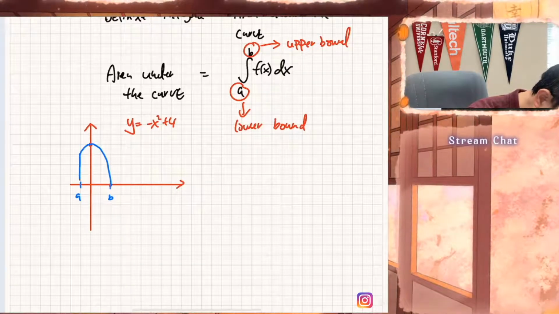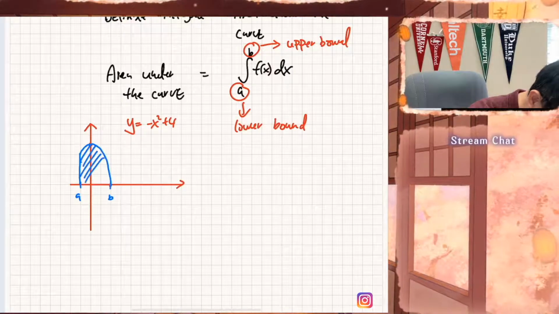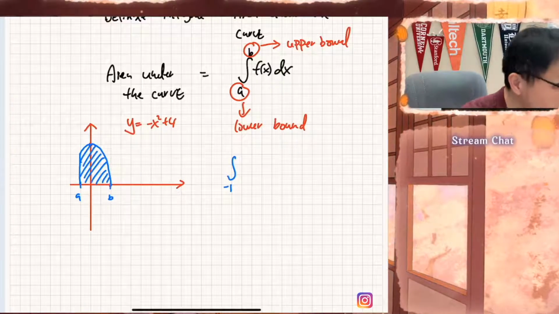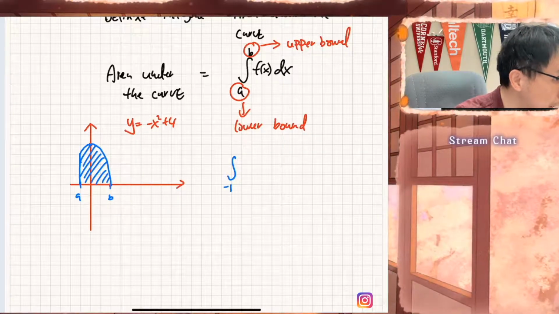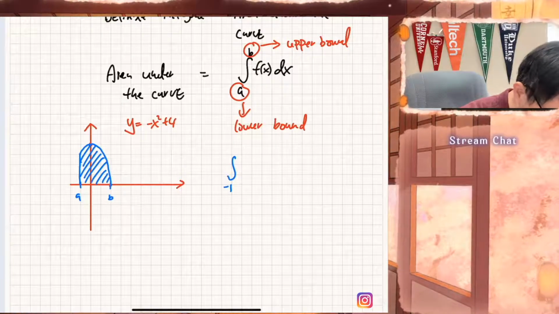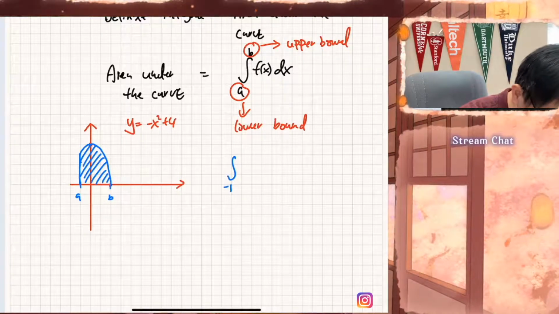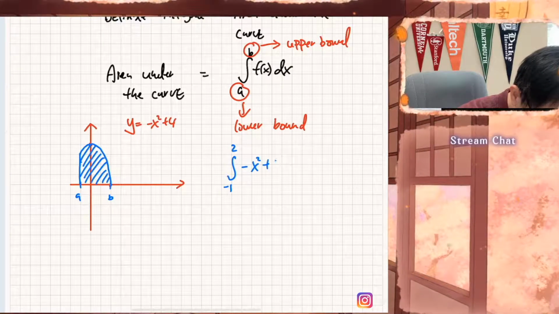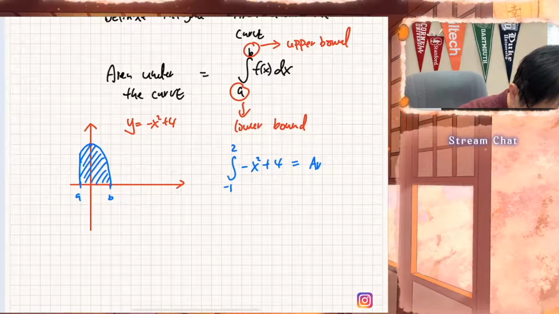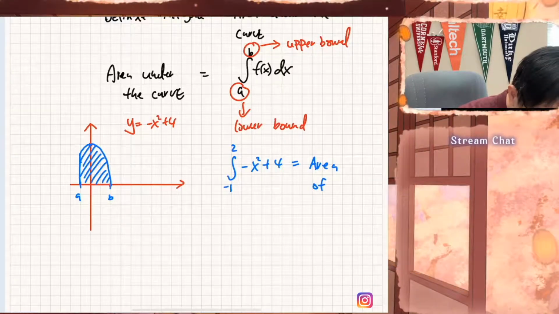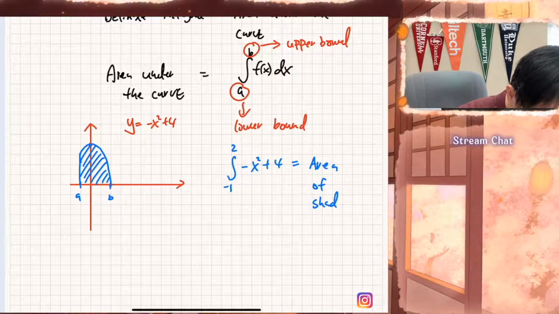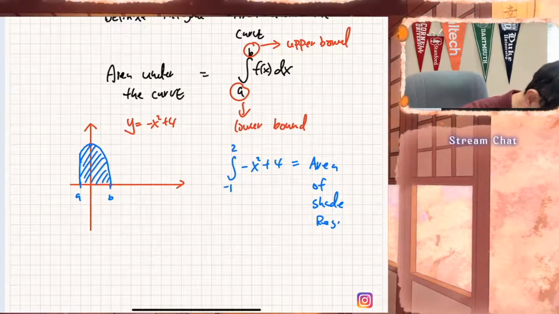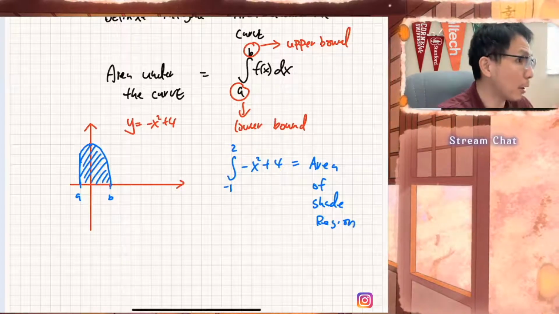So basically, if I want to find the area of this region, it's going to be the integration between negative 1, which is the lower bound, to 2 of negative x squared plus 4, which is equal to the area of the shaded region. It always starts with a lower number going to the higher number. The bounds can change, but we're going to talk about that condition tomorrow. Does that make sense? So basically it's from a to b.